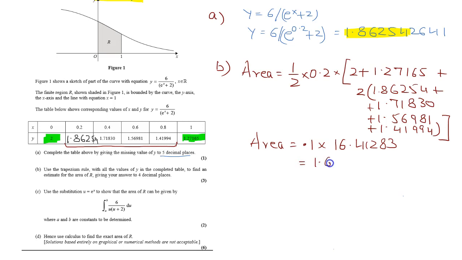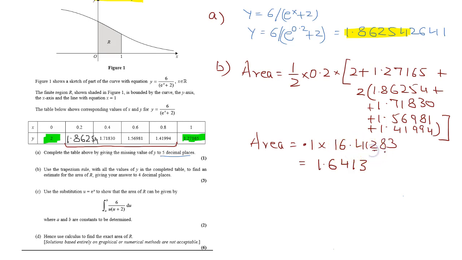So that is equal to 1.641283. Four decimals, 1, 2, 3, 4.